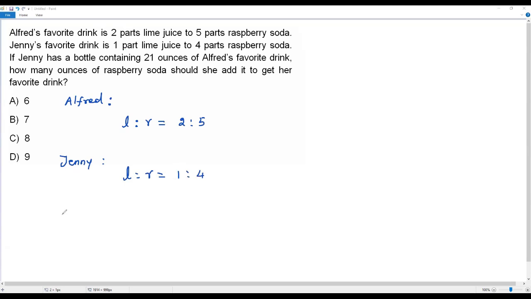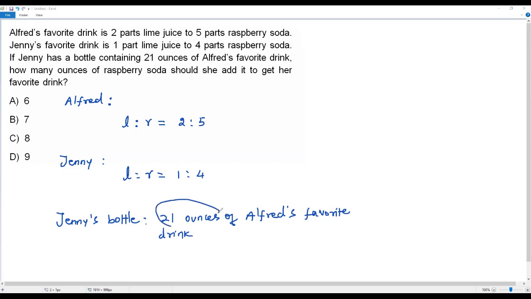Okay, now let me consider Jenny's bottle. Jenny's bottle contains 21 ounces of Alfred's favorite drink. So in these 21 ounces of Alfred's favorite drink, we have lime juice and raspberry soda in the ratio 2 to 5, because this is the ratio in Alfred's favorite drink.